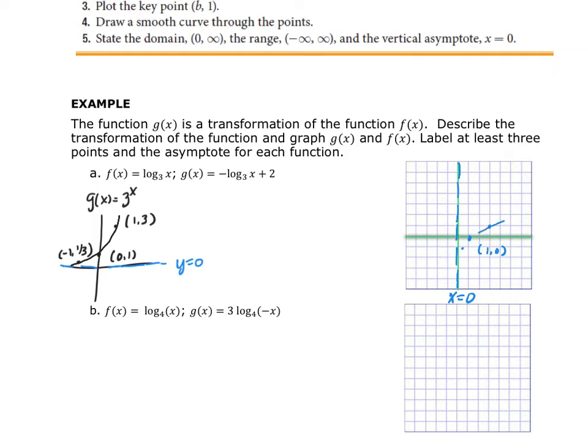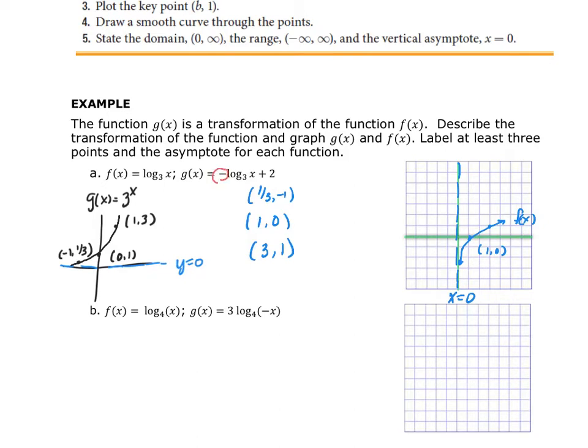So here's what my logarithmic function looks like. And that is f of x. And in a moment, we're going to do g of x. So my points of interest on my log function are 1/3, negative 1; 1, 0; and 3, 1.